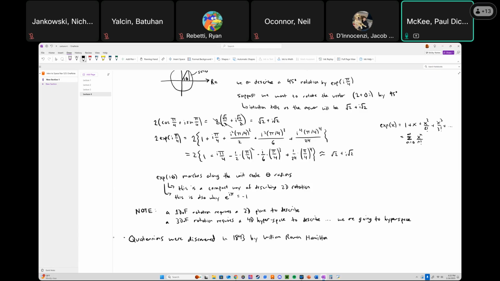Hamilton figured out that you can't go from complex numbers in 2D to complex numbers in 3D, but you can skip and go to complex numbers in 4D, and it actually works out really beautifully. So quaternions are a 4-dimensional complex number system with one real dimension and 3 complex dimensions.